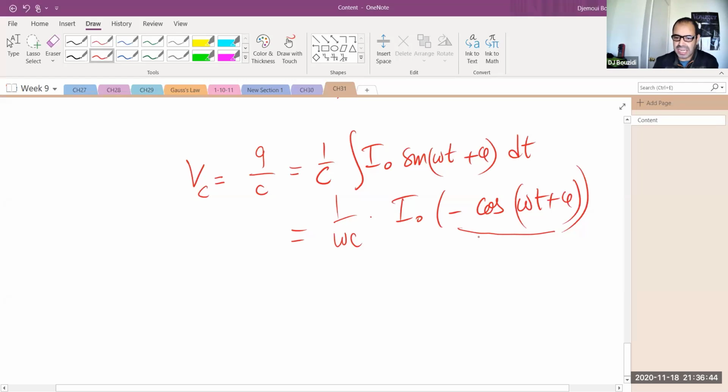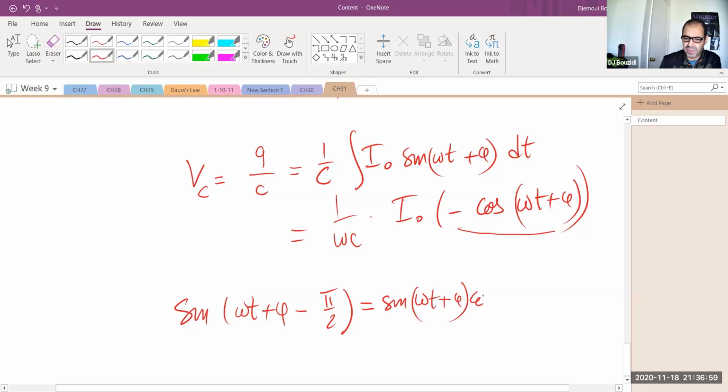There is an identity in trig functions that says the sine of omega t plus phi, if I subtract from it pi over 2 or 90 degrees, is the same thing as the sine of omega t plus phi times the cosine of 90 degrees minus cosine of omega t plus phi times the sine of pi over 2.